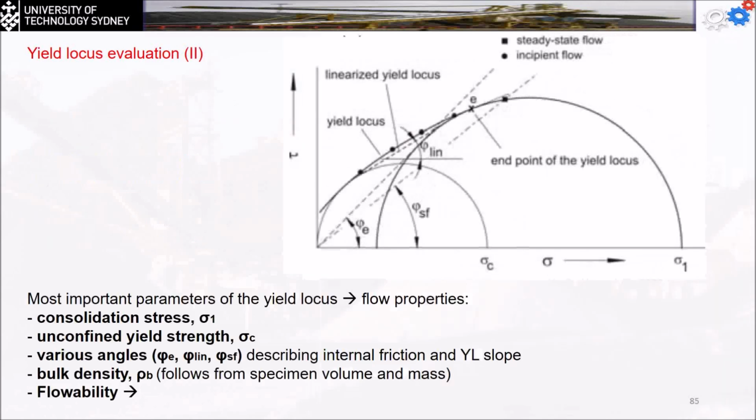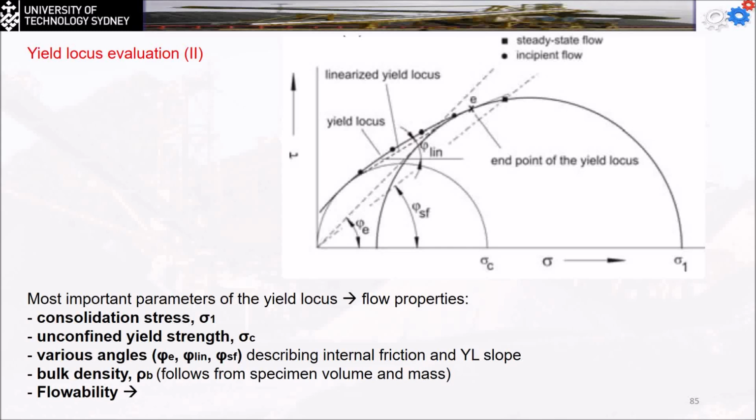The most important parameters in the yield locus for the flow property are the consolidation stress sigma 1, the unconfined yield stress sigma c, and the various angles like the phi e, the phi sf, and the phi lin, linear, describing the internal friction and the yield locus slope.